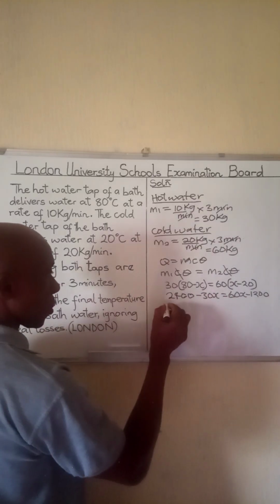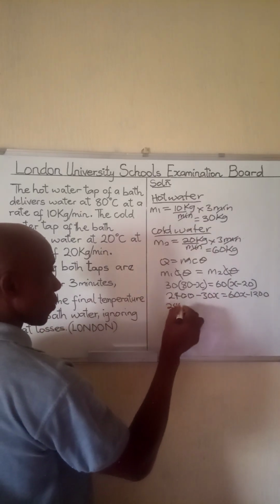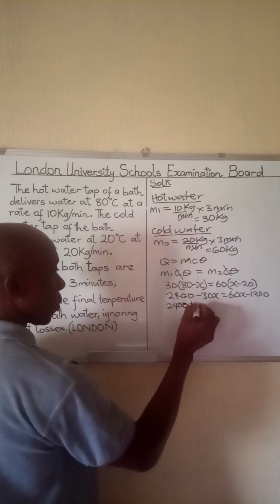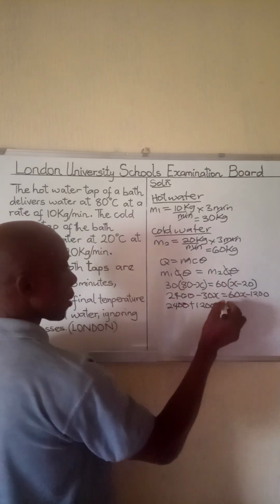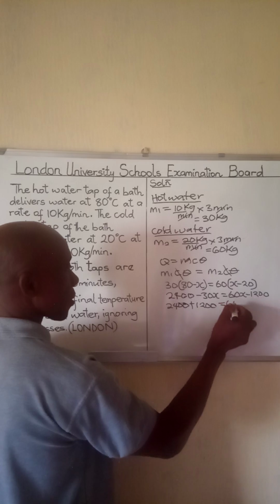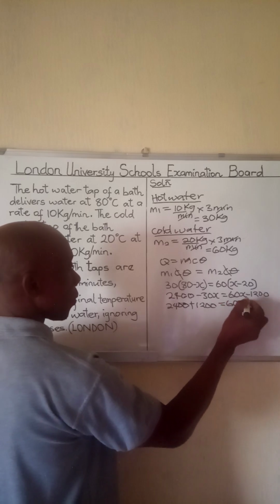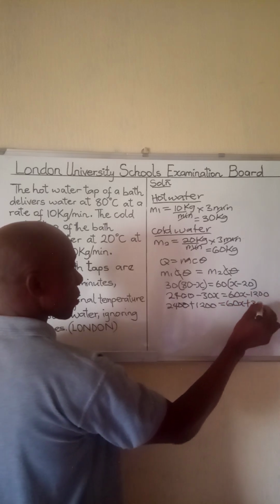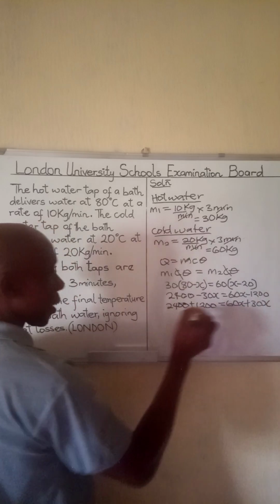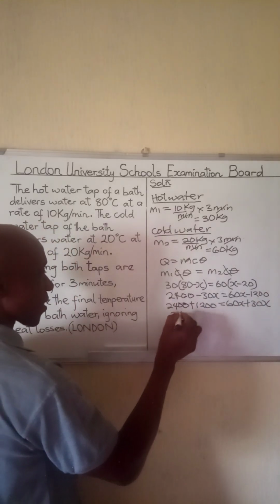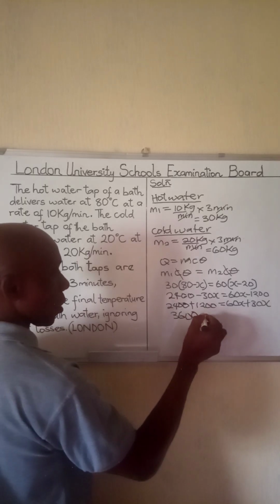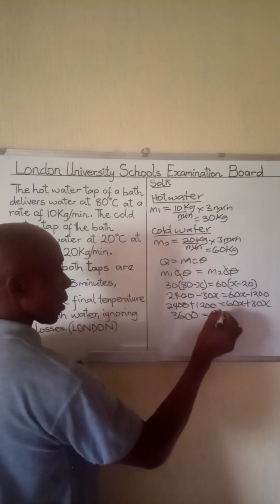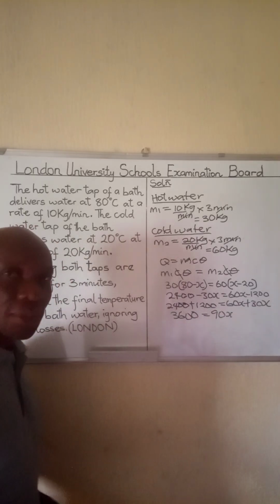So when we do so, we'll have 2400 plus 1200 equals 60x plus 30x. So on the left hand side, this will give us 3600, the summation of 2400 and 1200. While here will be 90x. The coefficient of x on the right hand side is 90.